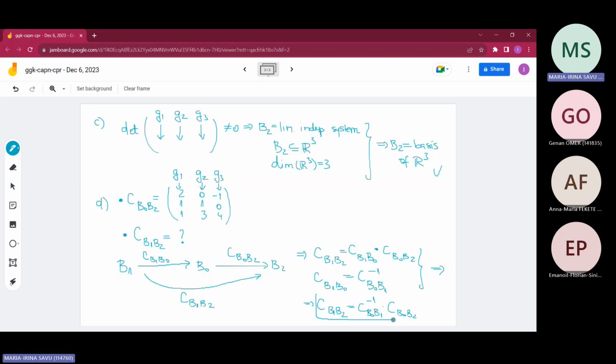You have to use this to find the values. Do you manage to find the inverse of the matrix C, B0, B1? Just a little bit to finish, and I will tell the inverse.